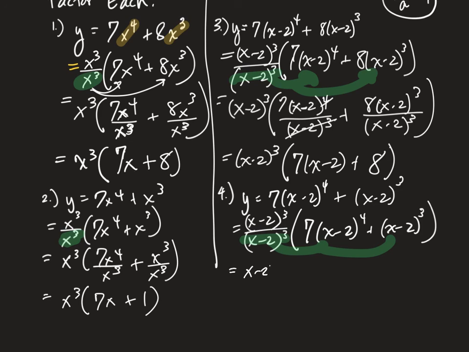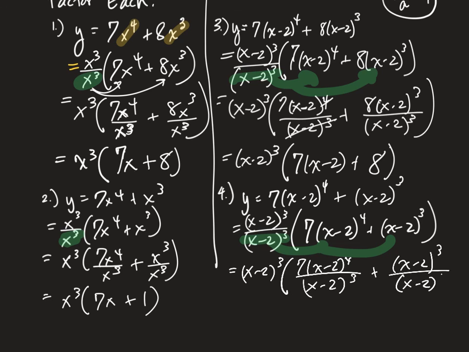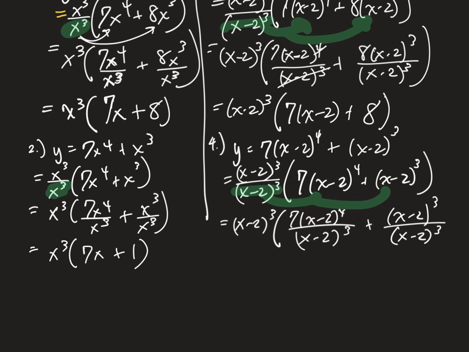So we get x minus 2 cubed, and then 7 times x minus 2 to the 4th over x minus 2 cubed, plus x minus 2 cubed over x minus 2 cubed. And when we reduce our fractions, put them in simplest terms, we get 7 times x minus 2 plus x minus 2 cubed over x minus 2 cubed is equivalent to 1.